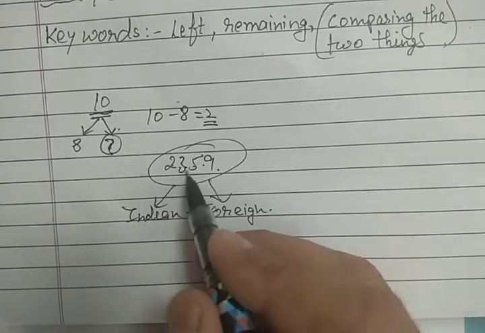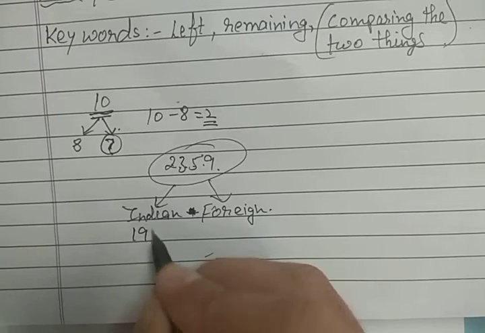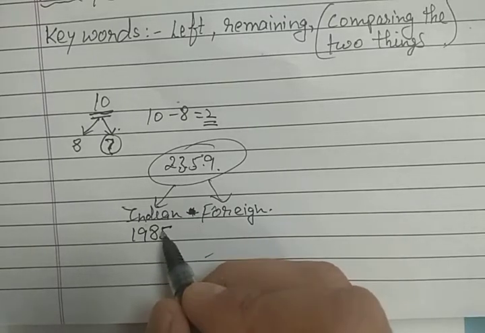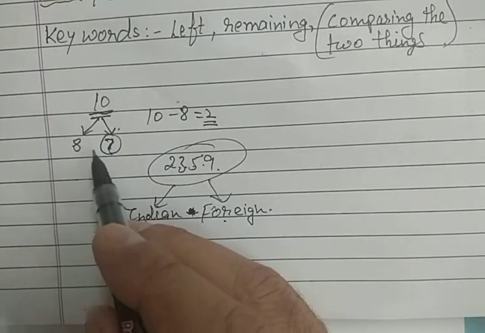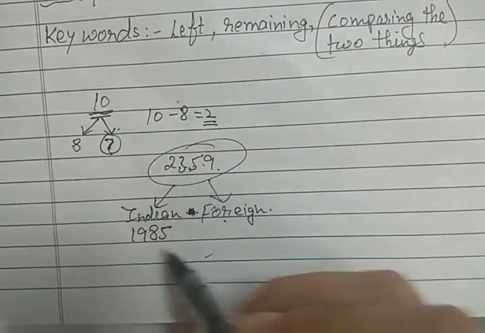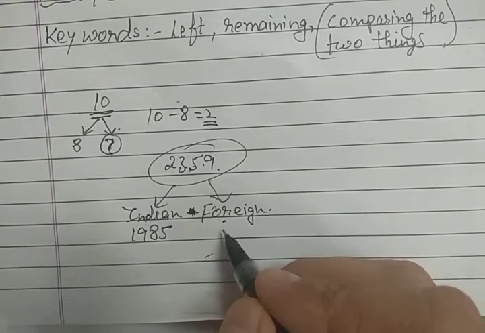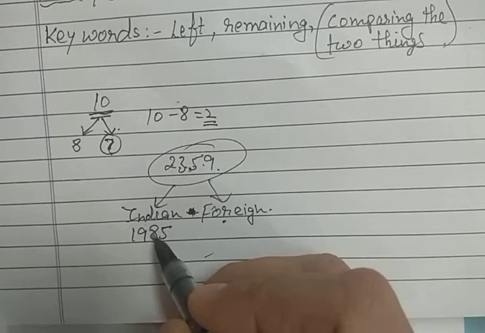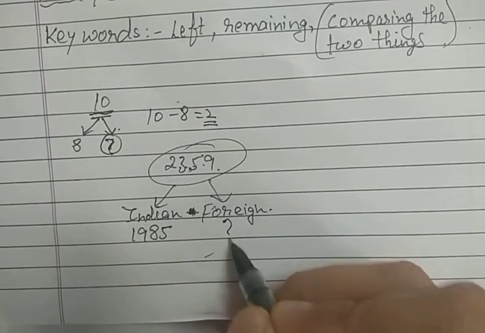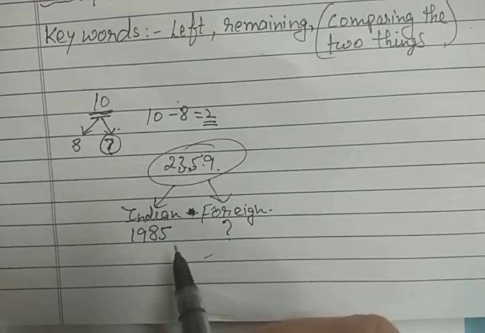Now out of this 2359, 1985 are Indian stamps. You have to find out the foreign stamps. So in the same way, the remaining stamps are foreign stamps. So we have to subtract these two, the total number of stamps and the Indian stamps, and then we will get the foreign stamps. I hope it is clear to you. Let us solve this question.